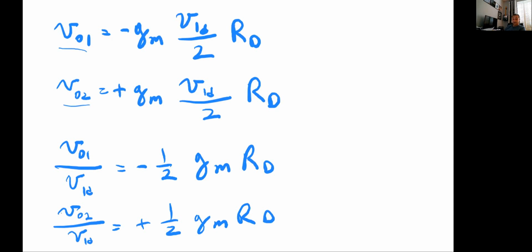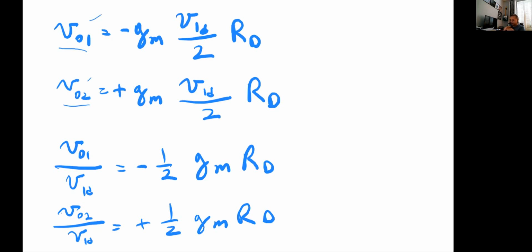Then I can start looking at what is my differential gain. Remember that these are differential voltage amplifiers. So I have a differential input. I'm going to have a defined differential output by looking at the difference of VO1 and VO2, the difference of those voltages at those drains.